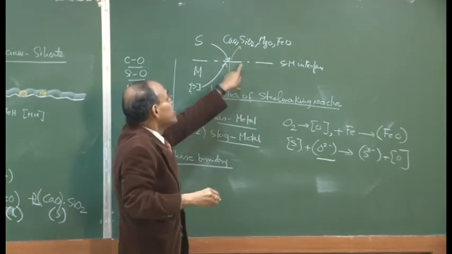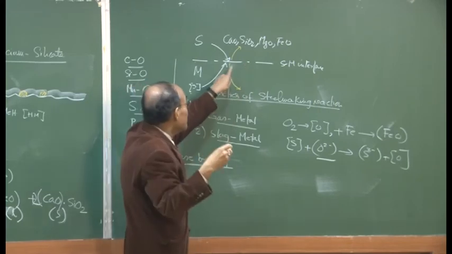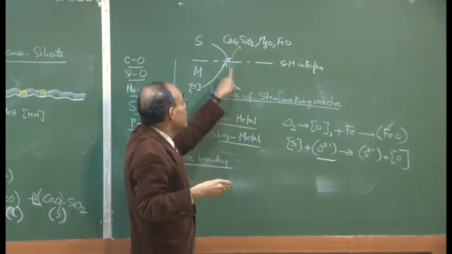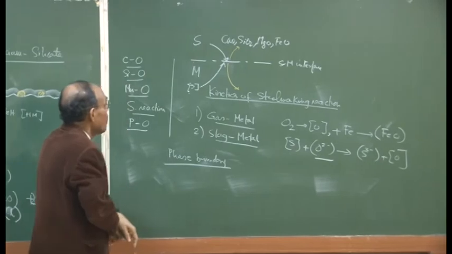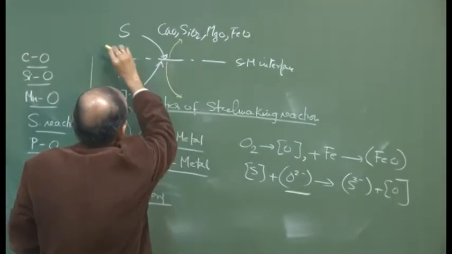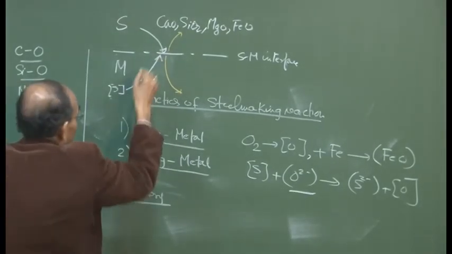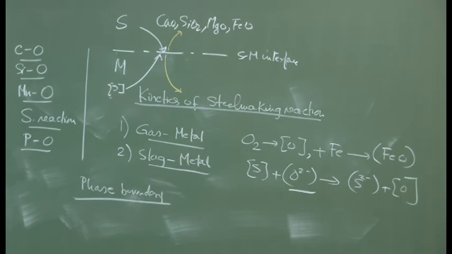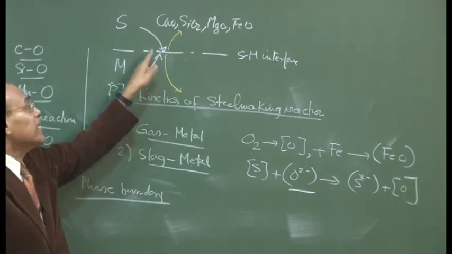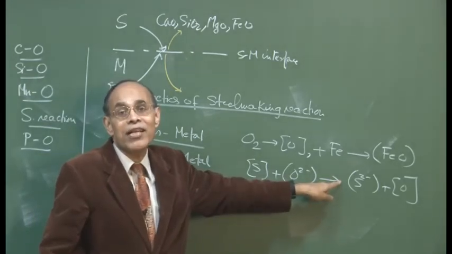Otherwise, if the product accumulates here, the reaction will come to a stop, or it will go in the reverse direction. So, the product which is being generated, shown by yellow arrows on the board, has to go in the reverse direction, making room for fresh CaO and fresh sulfur to come to the reaction site. So, these 4 arrows basically represent the 4 mass transfer steps for this particular chemical reaction.